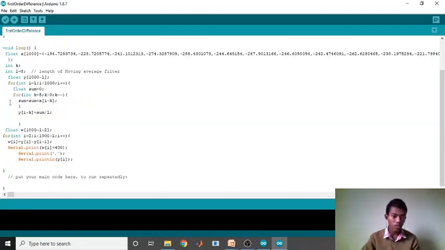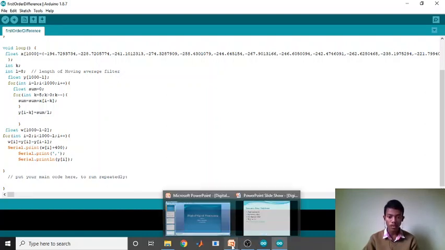As we saw earlier, this is the code for the moving average. Here also L equal to 8. For that I am getting output y. For that output I am calculating the difference. So here my final output is w. We will plot here y and w. I am calculating just the difference with respect to the previous value.